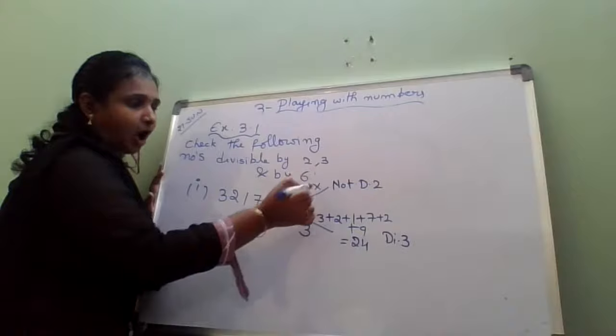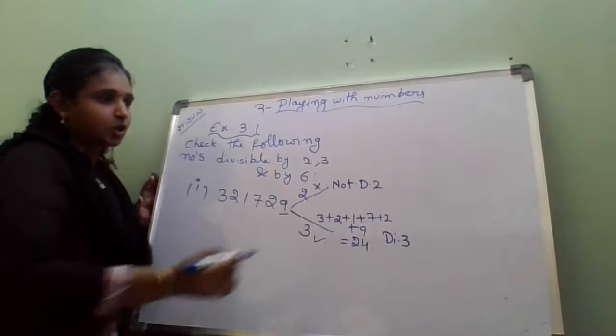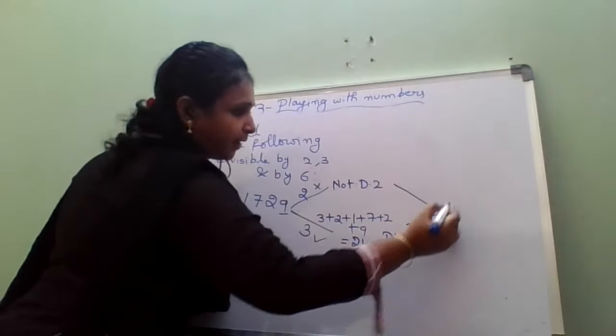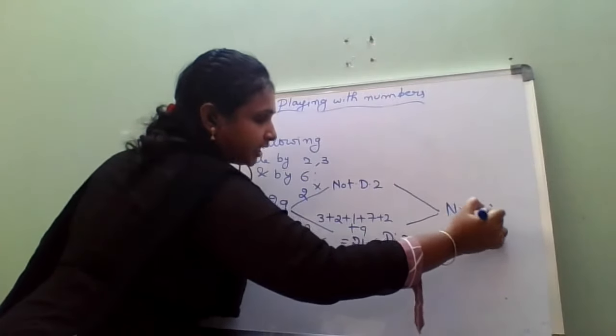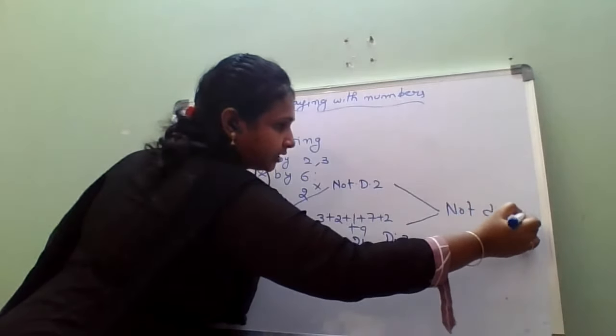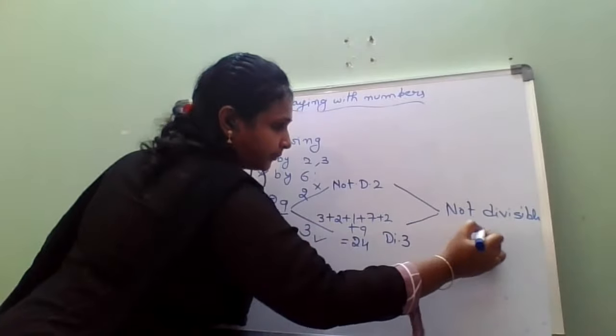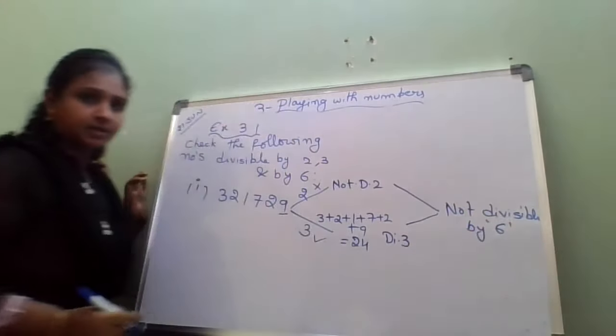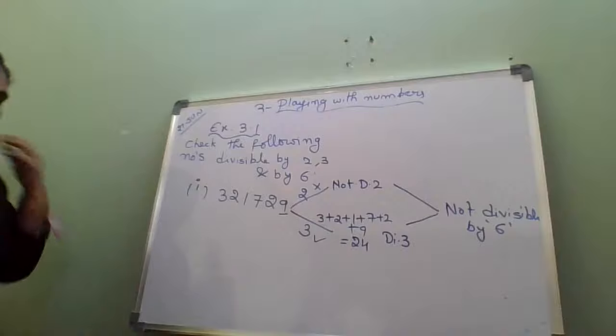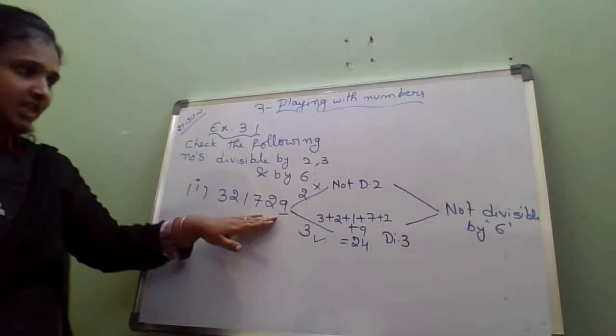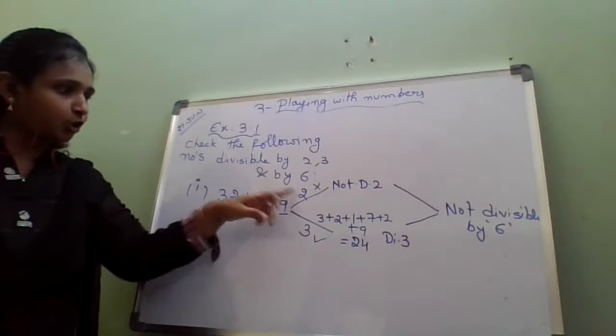But it is not divisible by 2 and divisible by 3, so obviously this number is not divisible by 6. Okay, got it?